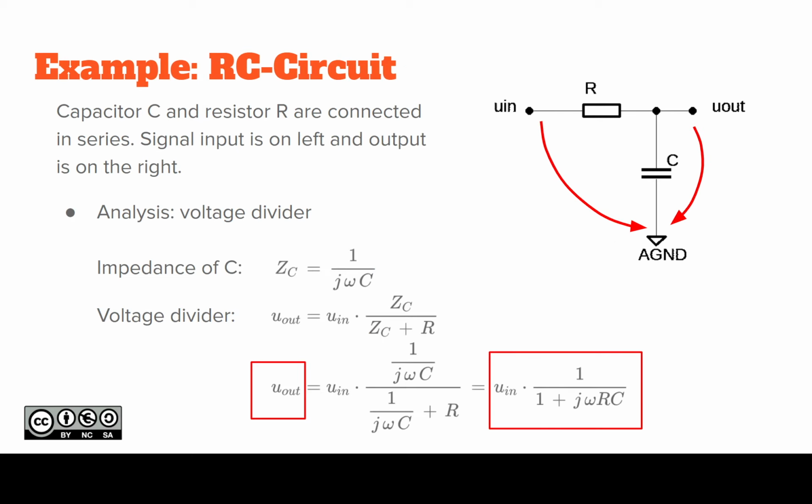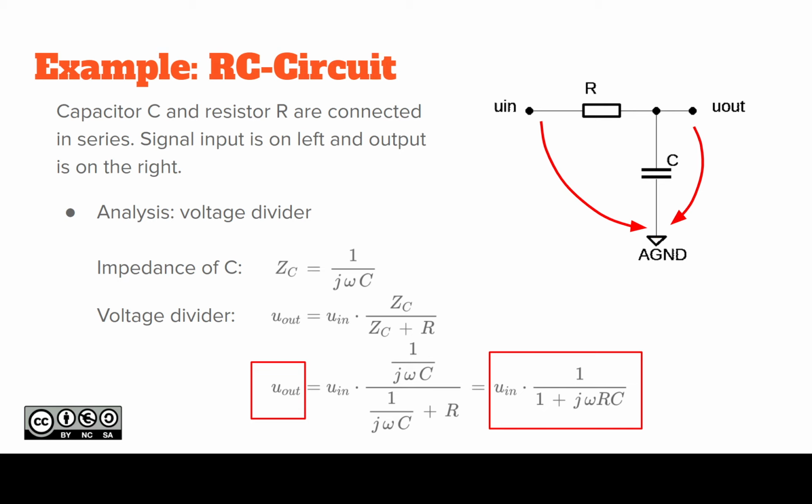And then let's take an example, an RC circuit, meaning a resistor and capacitor in series. So we have the signal input on the left and signal output on the right. This is the marking that we are referencing a common ground, and that's the total voltage.